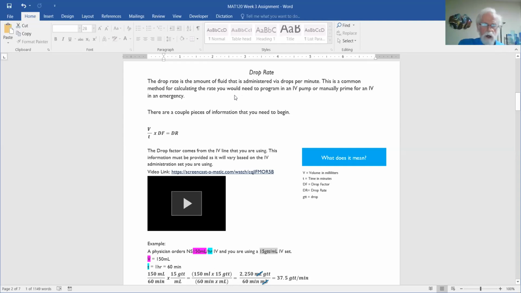When we're using a gravity feed, we are dependent on making certain that the bag is sufficiently above the patient so that there will be a constant pressure in that chamber to move things into the vein. The bag setting for a gravity feed or manual feed is 36 inches above the heart.